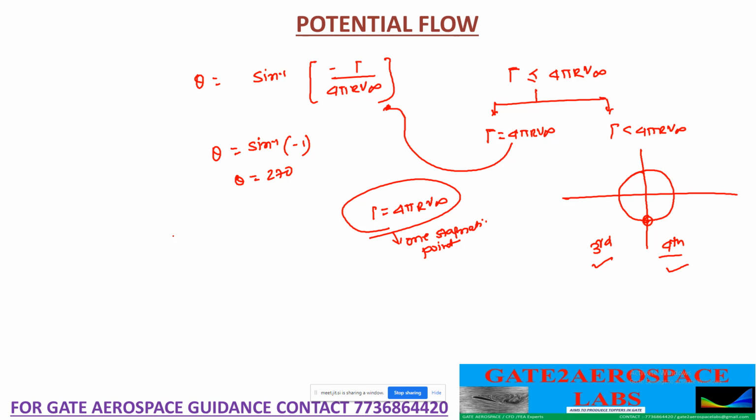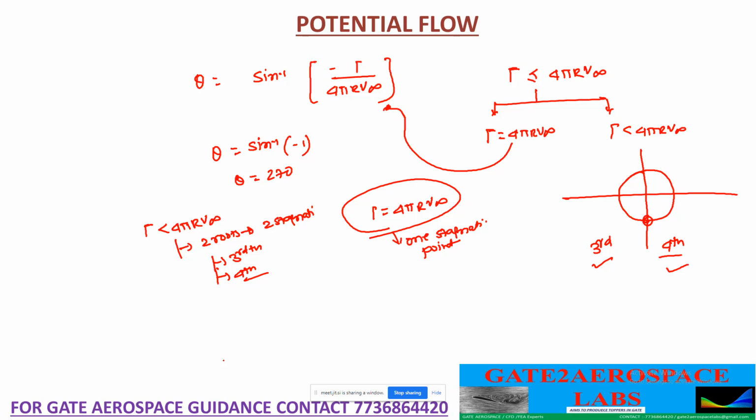Now, if you are dealing with the other case, where tau is less than 4 pi r V infinity, you will have two roots, or two stagnation points. One stagnation point will be in the third quadrant and one in the fourth quadrant. Correct? Is it clear? Yes or no? Yes, sir. Fine.